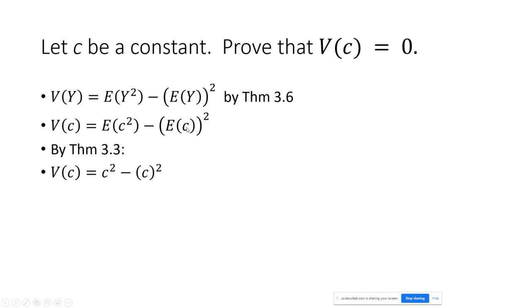So that lets us turn the expected value of C into just C. And also, if C is a constant, then C squared is a constant. So we can turn the expected value of C squared into C squared. And now we have that the variance of C equals C squared minus quantity C squared. So that's 0.